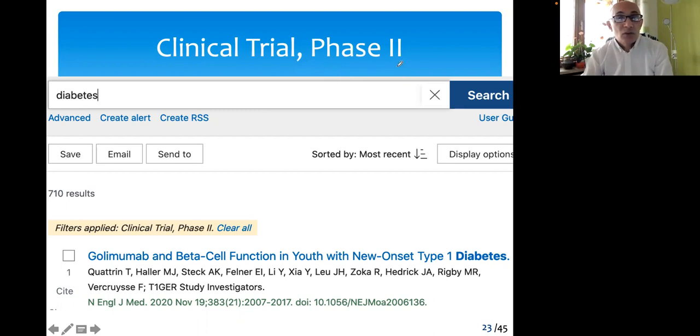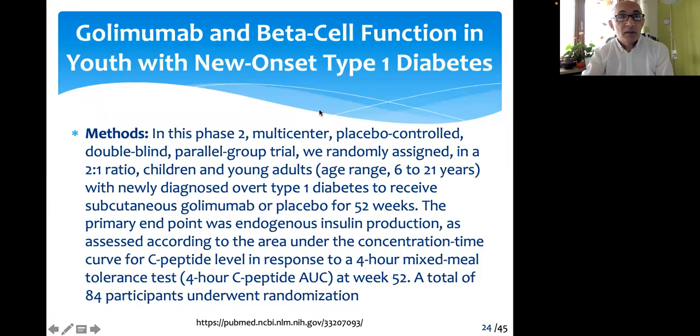So phase 2 studies have already passed the phase 1 level, and they include more participants this time. Here is one phase 2 study titled Golimumab and beta cell function in youth with new-onset type 1 diabetes.